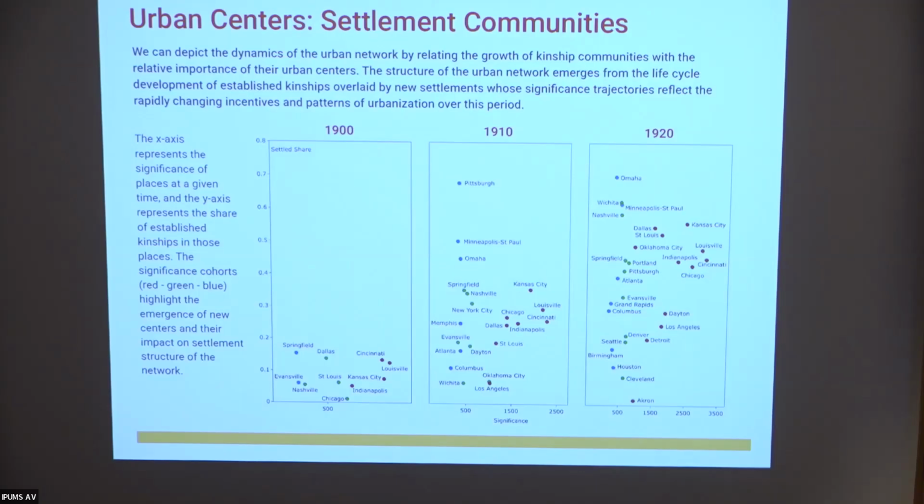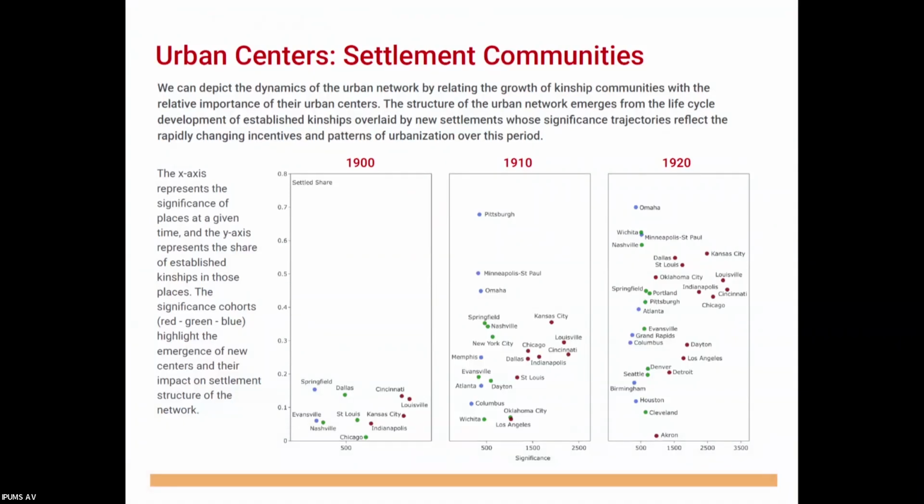of those settled kinships. But in addition, once you start getting into 1910, you have people cropping up in a lot of different places. And I focus especially on the bottom, which are places that are growing quickly. And you can see that with Los Angeles and various places.